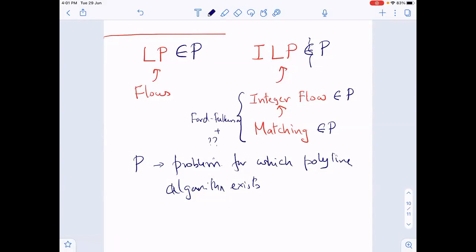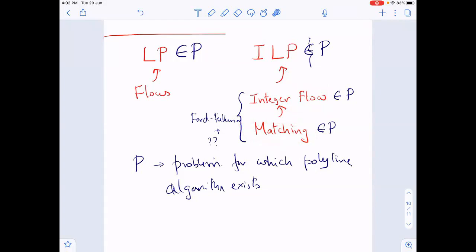As an algorithm designer, one thing you have to remember is that if you can model a problem as an LP, then you can make it polytime. Great. If you can design an algorithm as a matching problem or as an integer flow problem, then you can also do it in polytime.